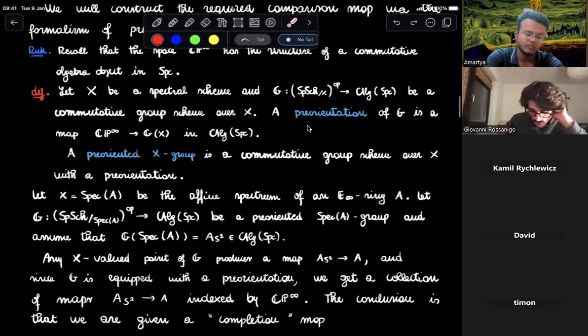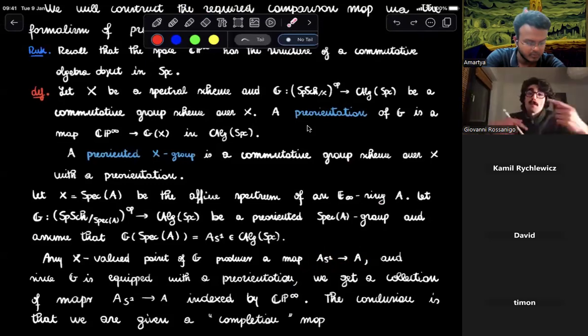Whenever we have an A-valued point of G, by definition, we produce a map of spectral commutative ring spectra from the global sections to A. We have a lot of these maps, and they are parameterized by the data of the pre-orientation. So we get one of these maps for each point of CP infinity.